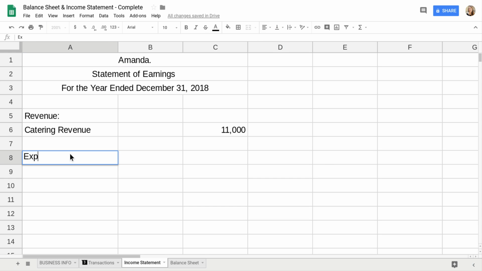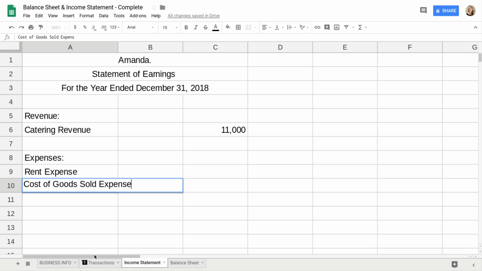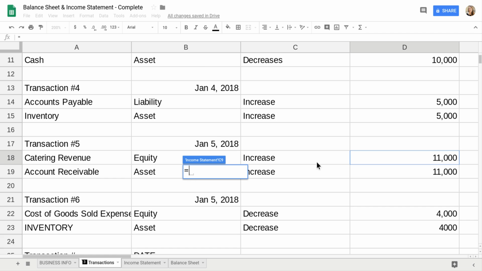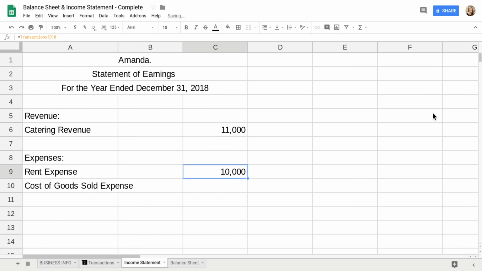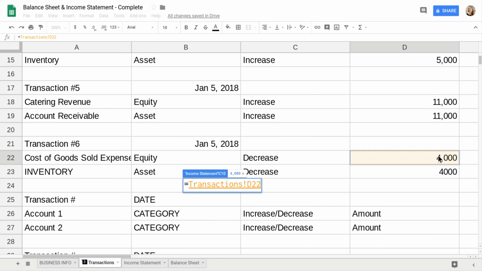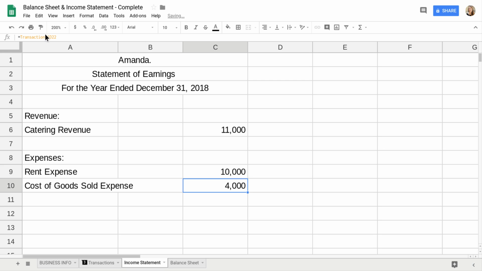Okay, catering revenue, expenses. Which expenses did I have? So I had rent expense so far and cost of goods sold expense. So my rent expense, I just go back in here and find it here, which is right this one. And cost of goods sold expense, which is transactions found here, is here. And again, if you have multiple expenses in the same one, you just click the plus and click the other numbers on your transactions.